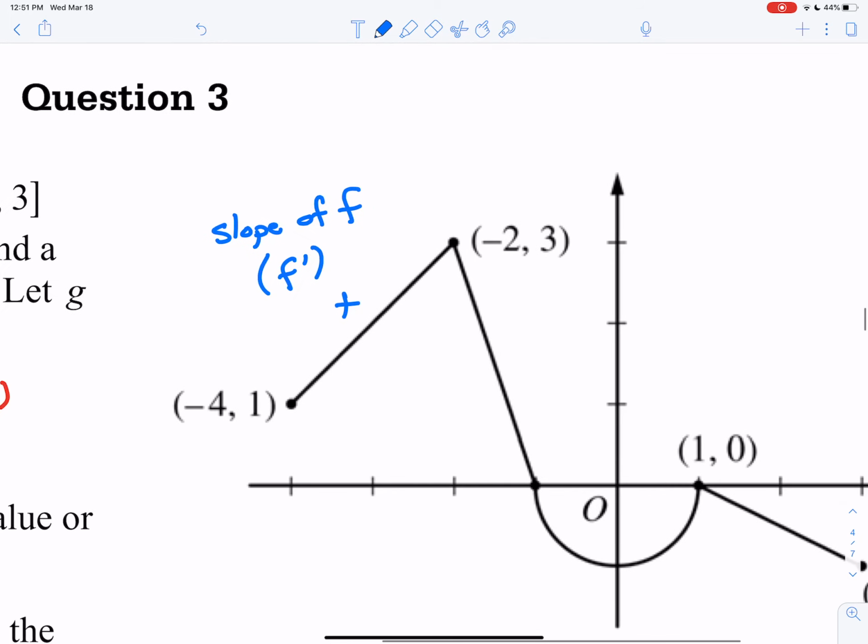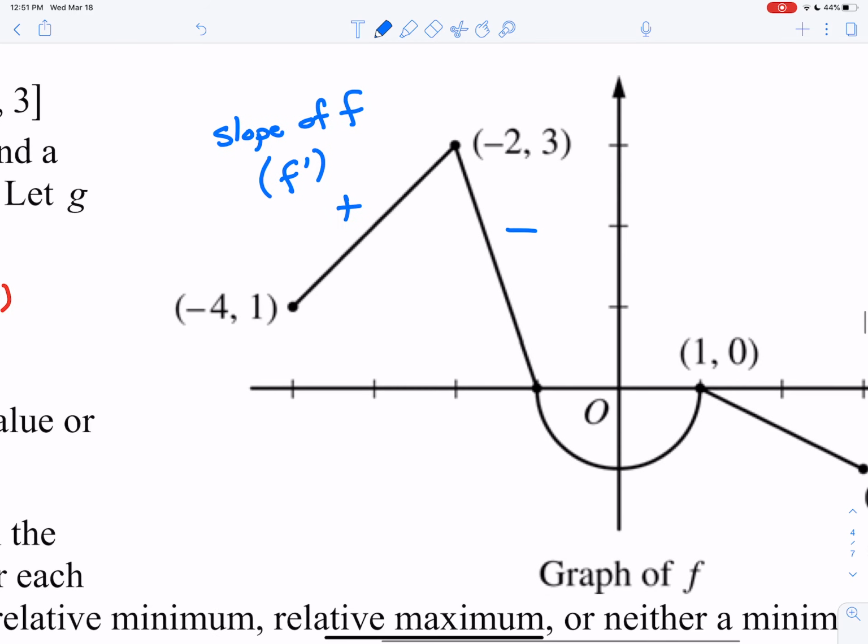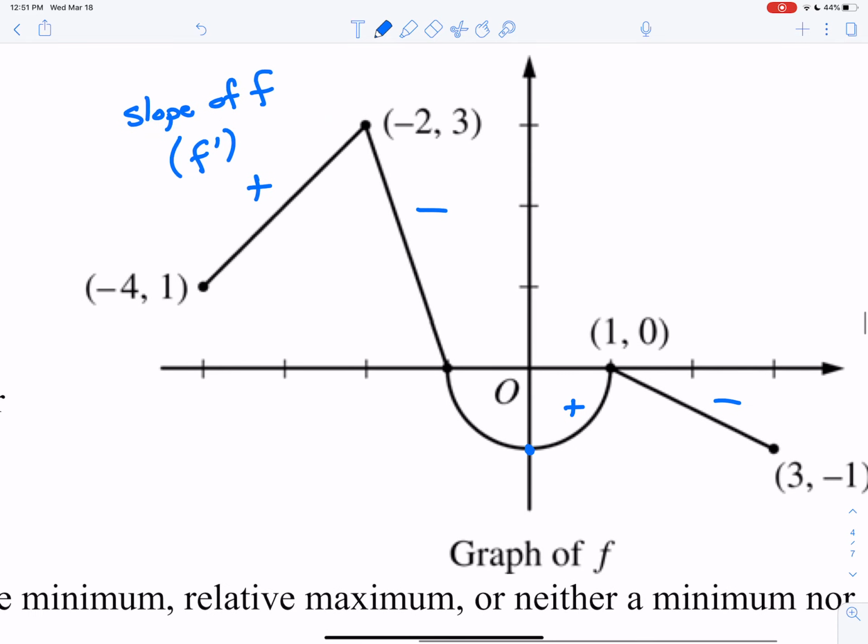Then the graph goes from positive to negative slopes. And it goes all the way until we hit about 0, okay? It's all negative. It's all going downwards. Then f prime goes from positive and then to negative again. So how often did it switch signs?